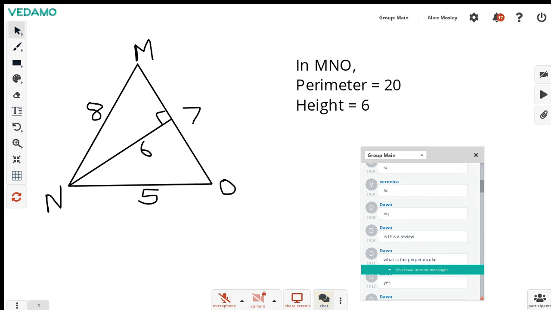Now, how to find the base? You find the 90° angle and you call that side the base. Just as simple as that. So now can you all find me the base for this triangle?